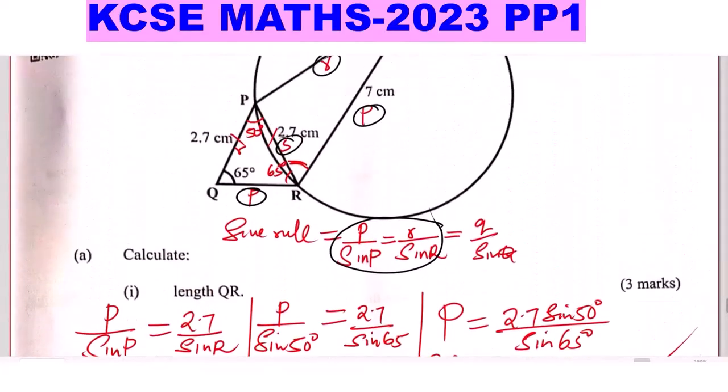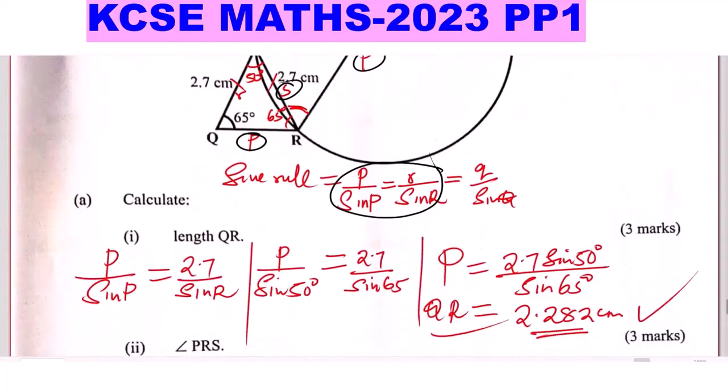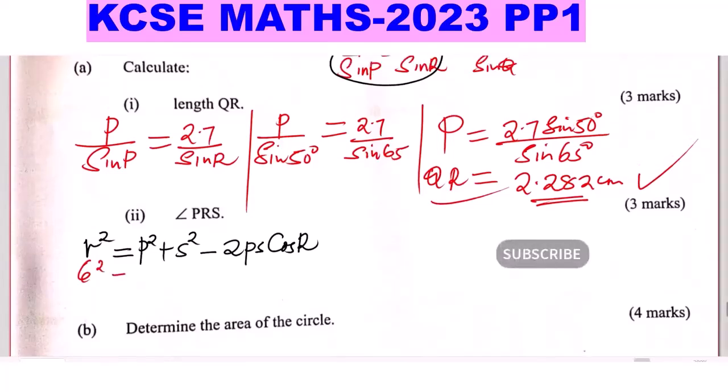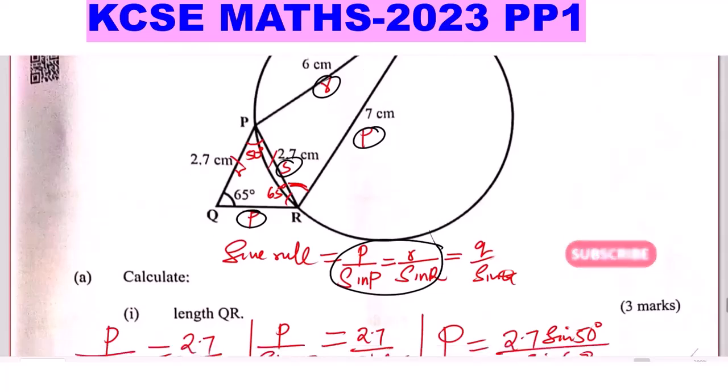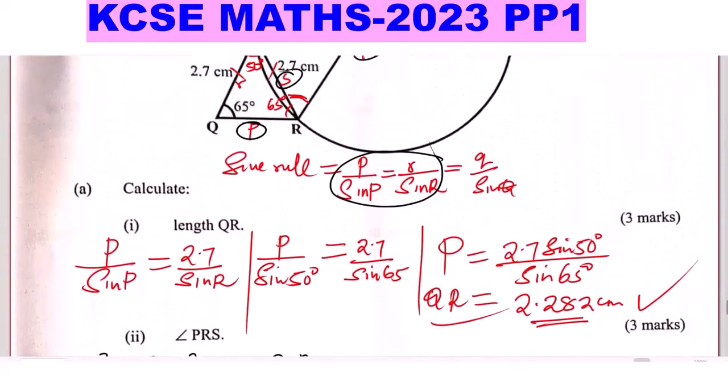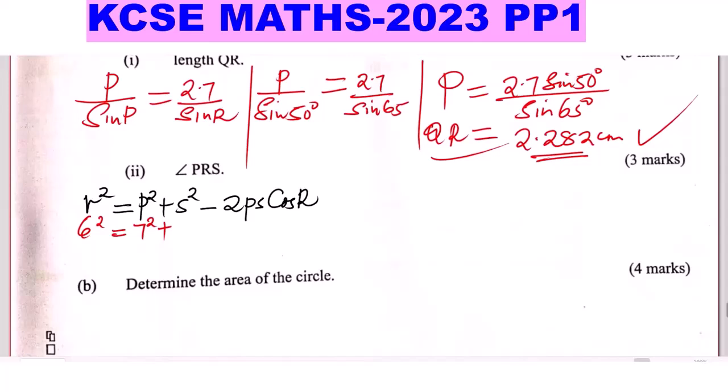So R is 6. So that will be 6 squared is equals to P, P is 7, squared plus S, S is 2.7, squared minus 2 multiplied by P multiplied by S multiplied by the cosine of angle R. So working out these, 6 squared is 36 is equals to 7 squared plus 2.7 squared.